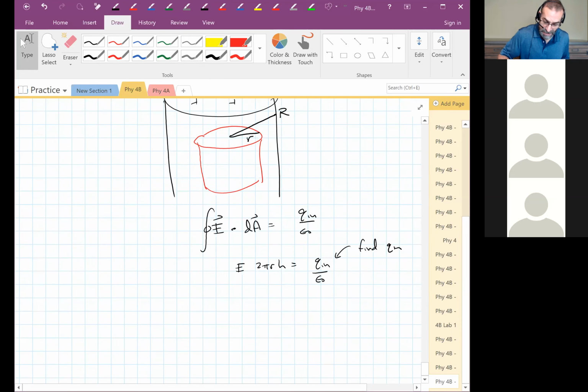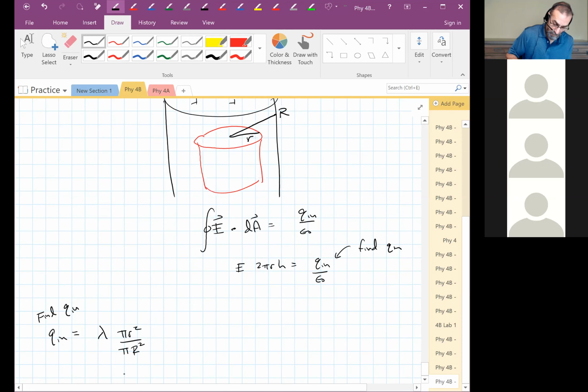So the charge inside is going to be lambda, the charge per unit length, times pi r squared over pi capital R squared.